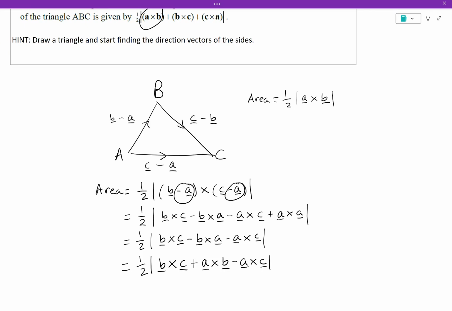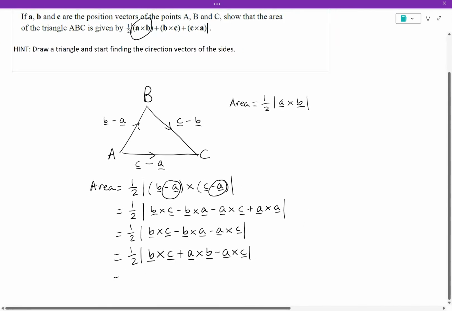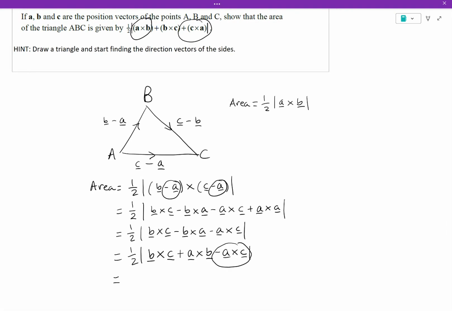So then we've got two parts matching now. Our only problem is the fact that we have this part here, negative a cross c. I want a positive c cross a. So I could do something very similar. I could swap our two vectors around, but I then just need to change the sign. So it would become positive, but it's going to be c cross a. Then I have pretty much what I want.